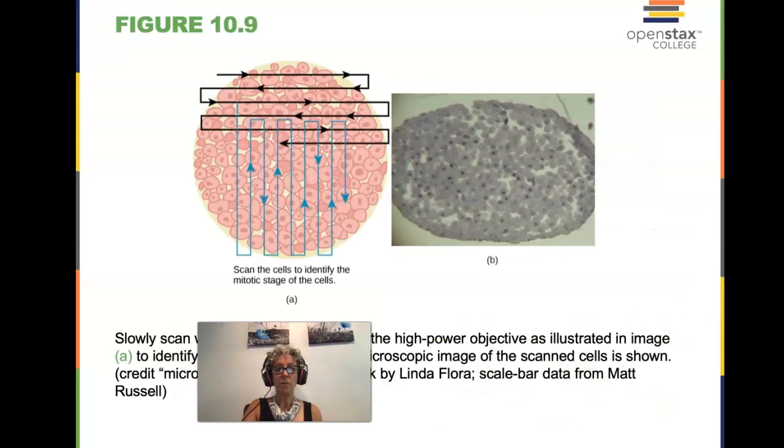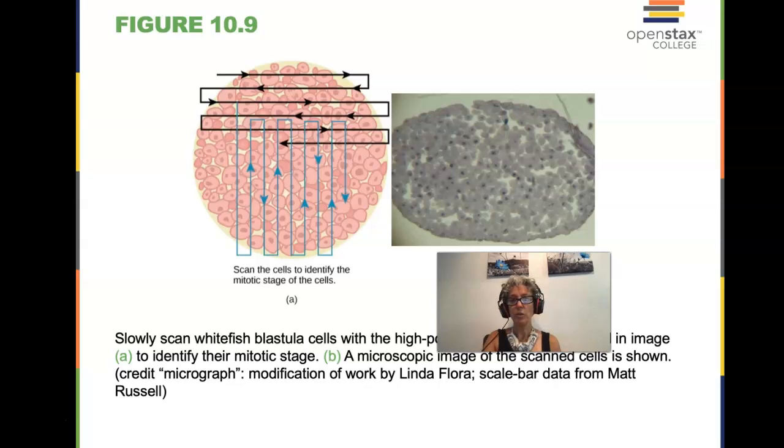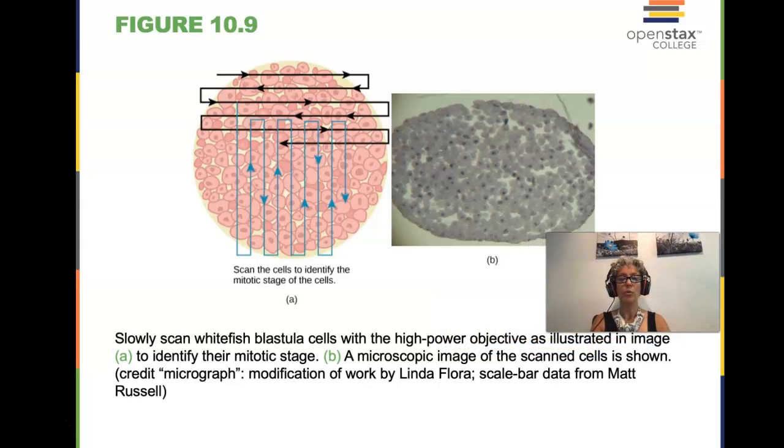In the mitosis lab, you will be looking at both whitefish blastula, which is a very early stage in embryonic animal development, and it's pretty much a solid mass of cells. And we can scan across that. This cross-section of the whitefish blastula has been treated with a dye that specifically stains the chromosomes.